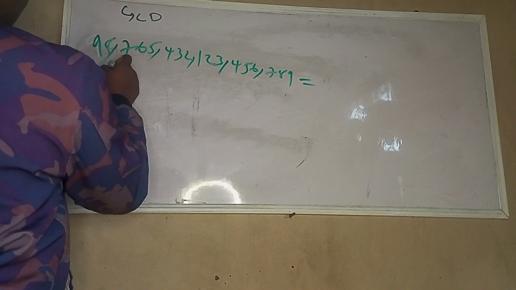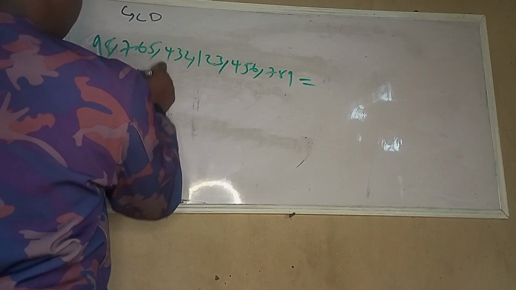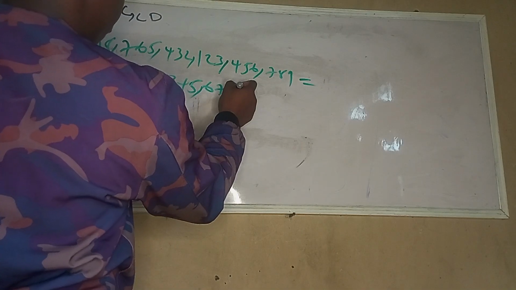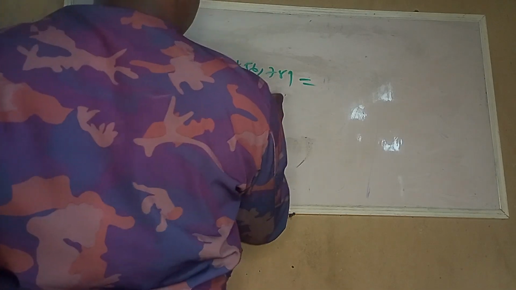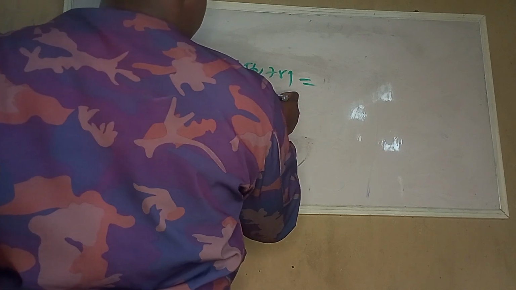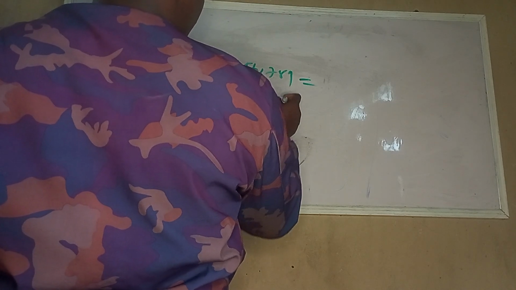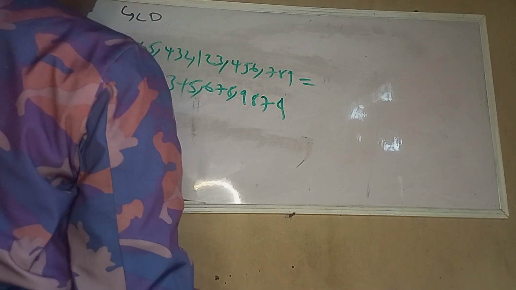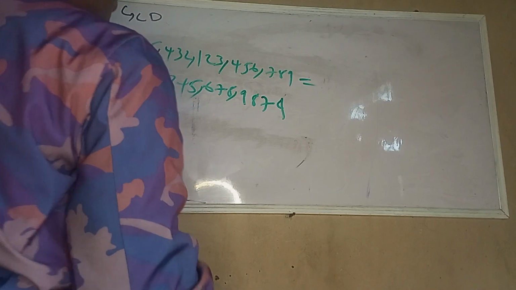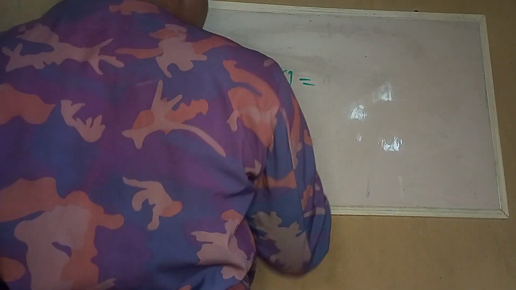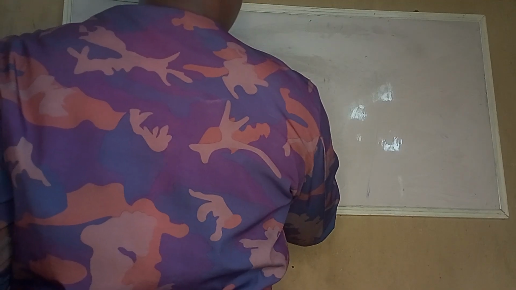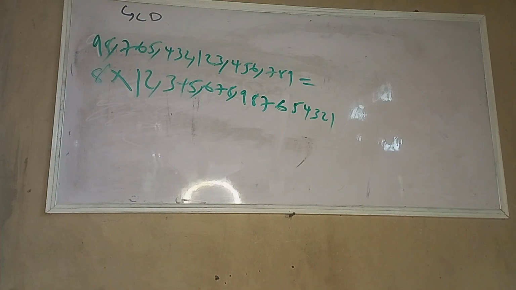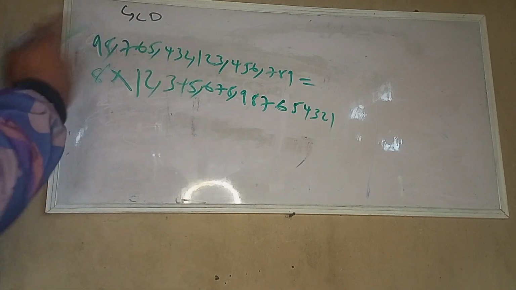That will be 8 times something. 8 times 6, reduce something. So you now minus 6, you get the answer.